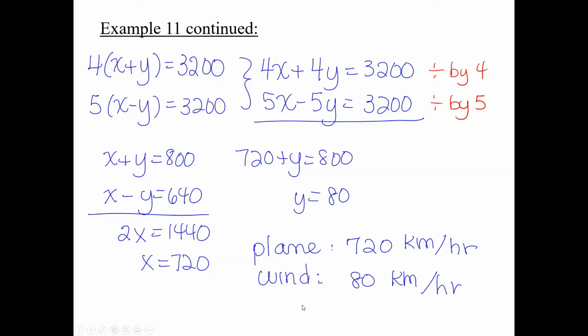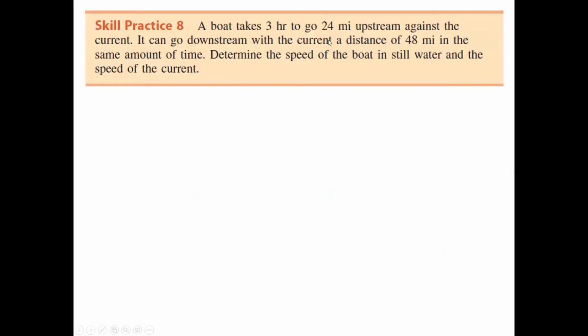Okay. Now, what's the key on these distance, rate, time, where you've got against the wind and with the wind? What he giveth on one, on the speed, he taketh away on the other, on the speed. Now, we're not going to actually do this problem, but it's almost identical to the airplane problem, okay?